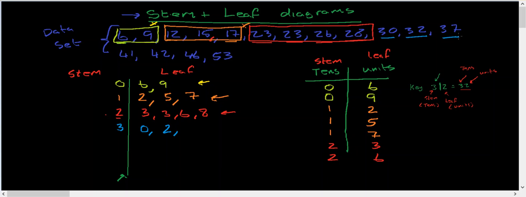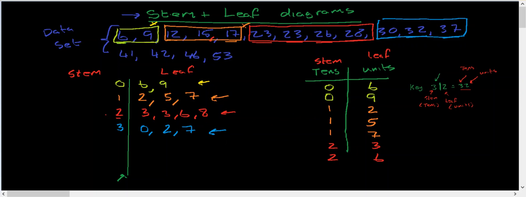We have 37, so again 3 tens and 7 units, so we put that in there. So all of these numbers are represented on our stem and leaf diagram, like so. And we'll just continue on doing this.